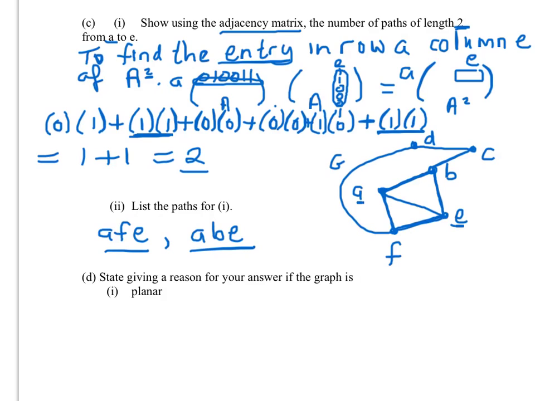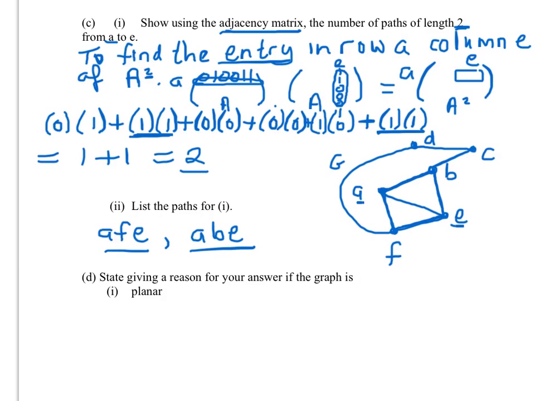So to recap, we can use the adjacency matrix to find paths of any length from any vertex to another vertex within our graph. Here we're asked to use the adjacency matrix to find the number of paths of length 2. If it's length 2, we have to look at the adjacency matrix to the power of 2, or A squared in this case.